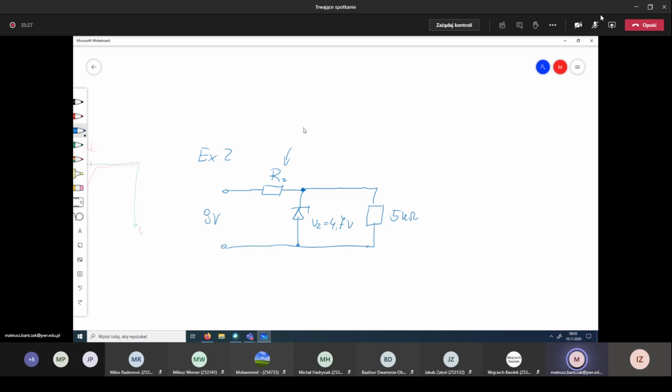So you need to find the RZ value in exercise number 2, when we have the 5 kilo ohm load. Okay, and do you have any questions about the second exercise?